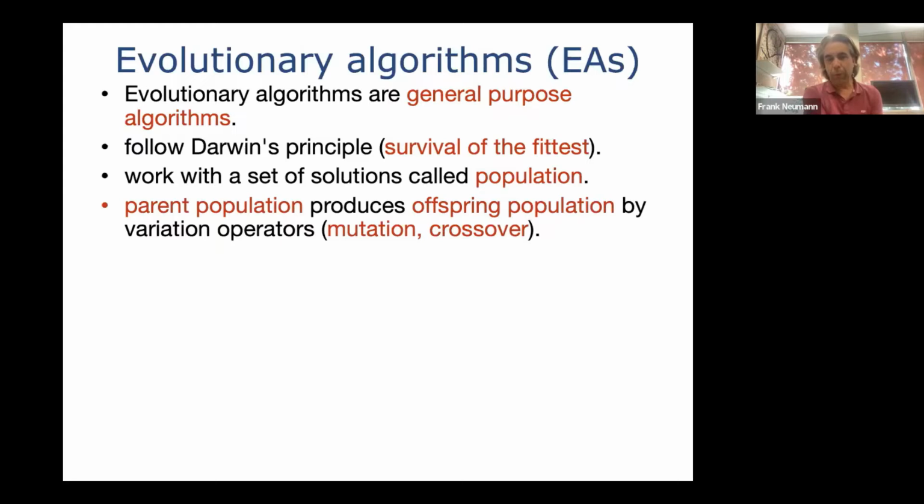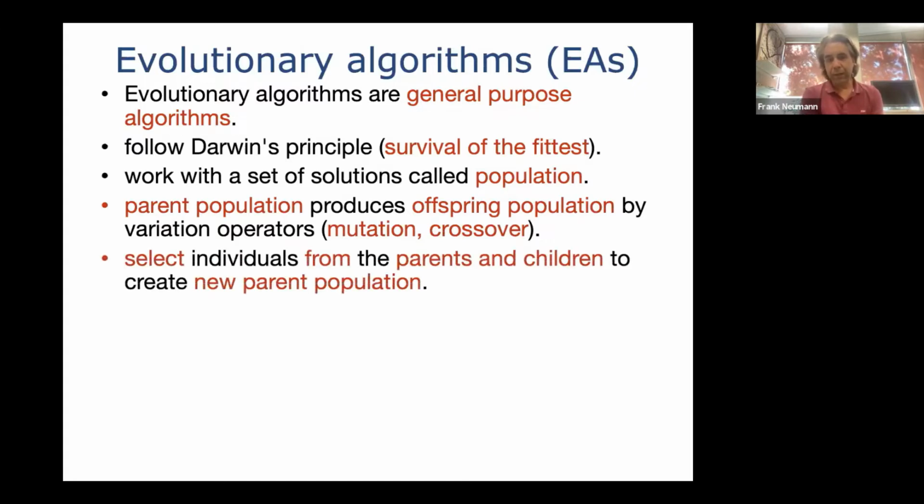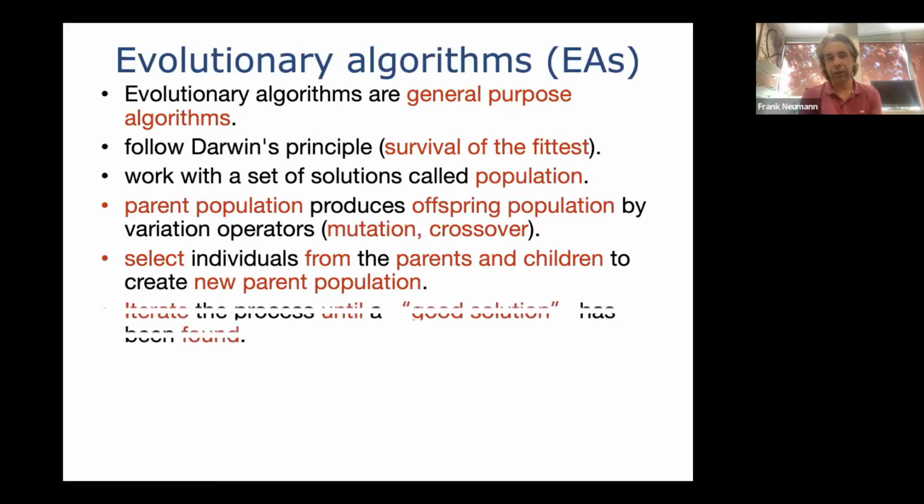You have a parent population that produces an offspring population by some variation operators, such as mutation and crossover. Then after you've produced the offspring population from the parents, you select individuals from the parents and the children to create a new parent population. And then you just iterate the whole process until usually you've found a good solution.